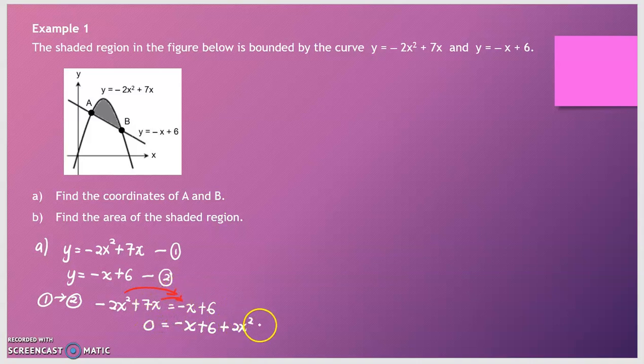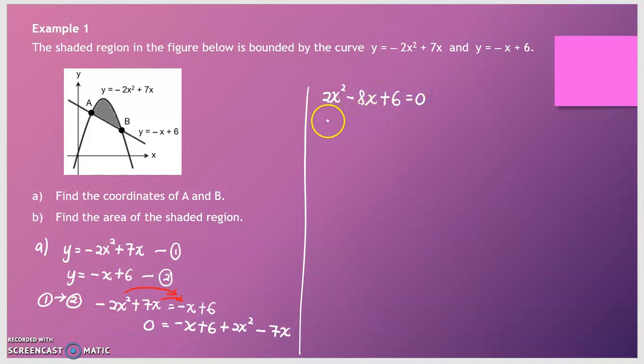When I move to the right hand side, it will become negative 7x. Next, I try to simplify. So from here, 2x squared, negative x minus 7x will become negative 8x. And finally, here is plus 6. So plus 6 is equal to 0.